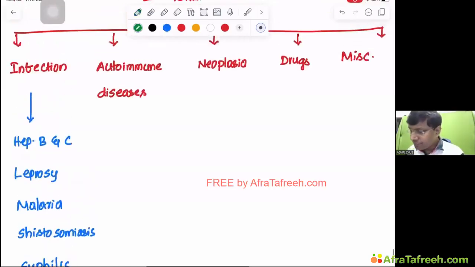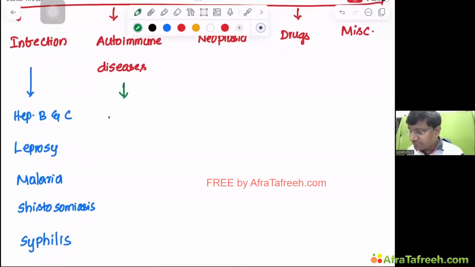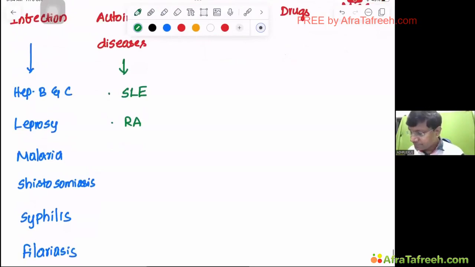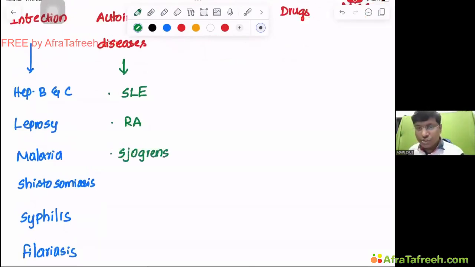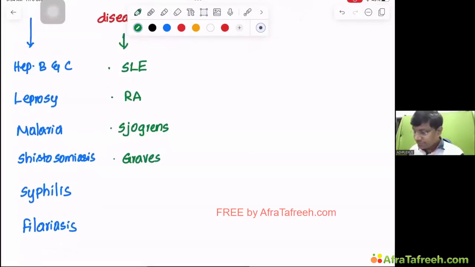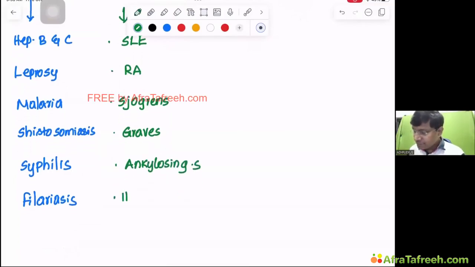Then we have autoimmune diseases. What are these autoimmune diseases? These are systemic lupus erythematosus, then rheumatoid arthritis, Sjogren syndrome, then we have Graves, then ankylosing spondylitis, then we have Hashimoto's.